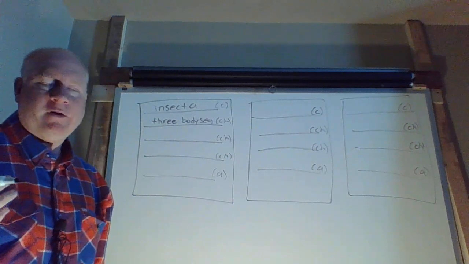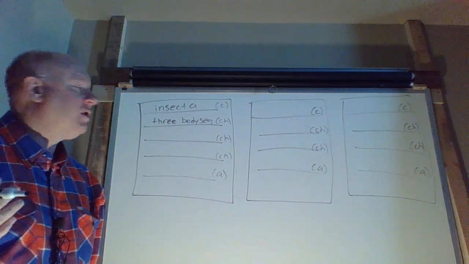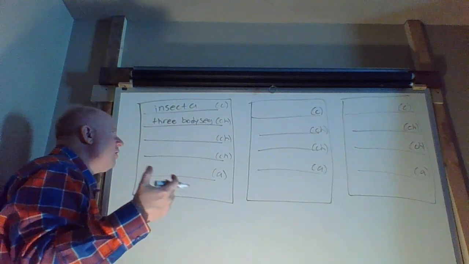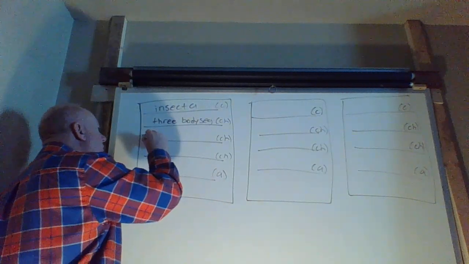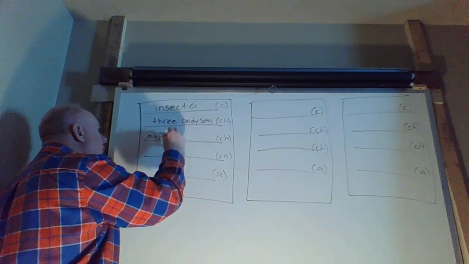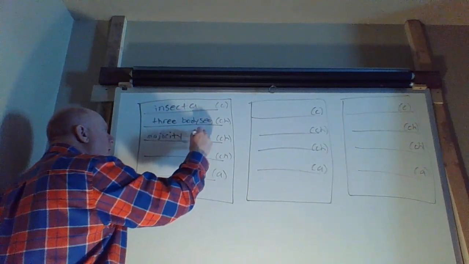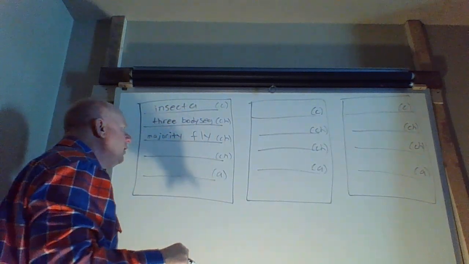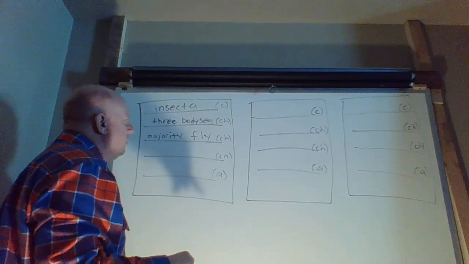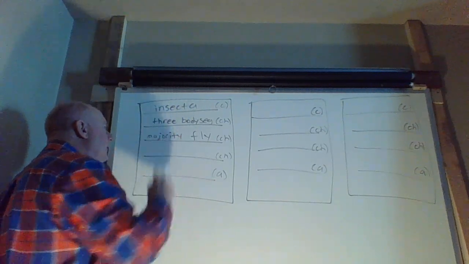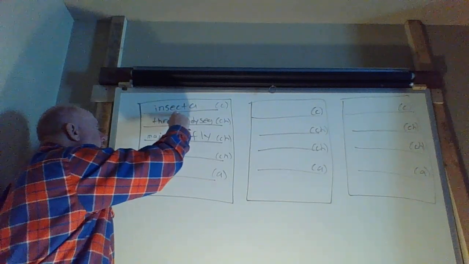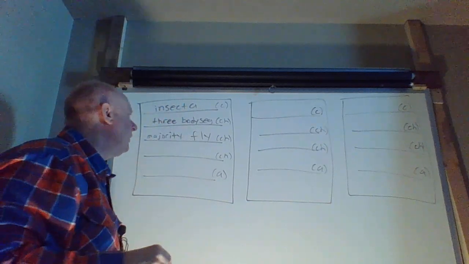Okay, if you can remember, one of the things we talked about in class is that the majority of them can do this. In other words, the majority actually fly. Okay, and then another characteristic of insects besides 3 body segments, the majority of them can fly.